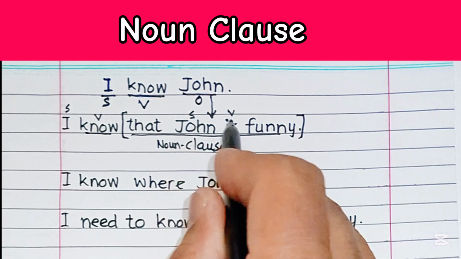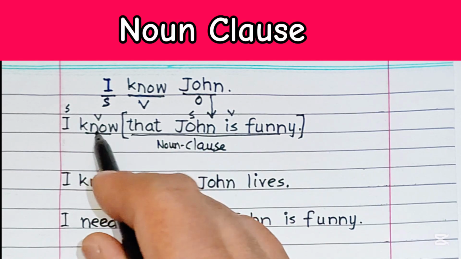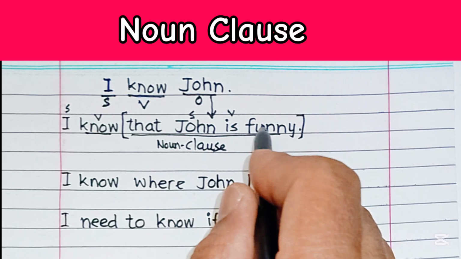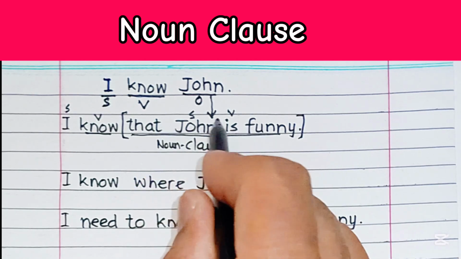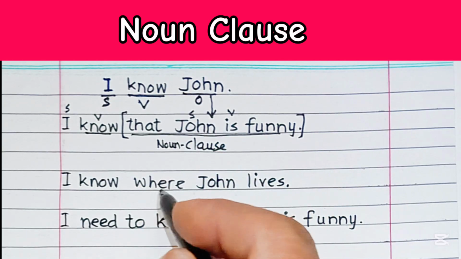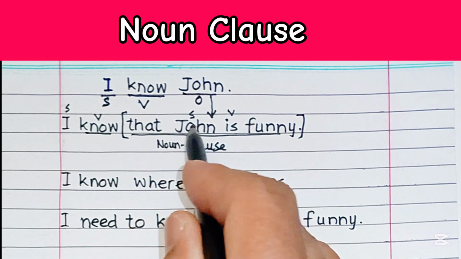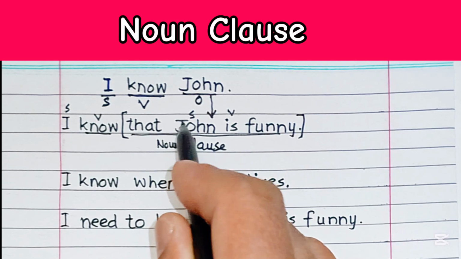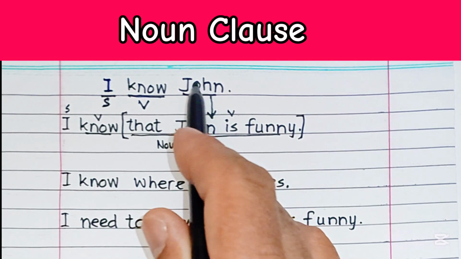Here is the subject and here is the verb. So I know that John is funny, it's a noun clause, that John is funny. This clause functions as a noun by replacing the noun John.